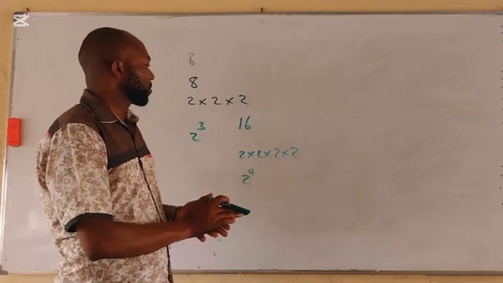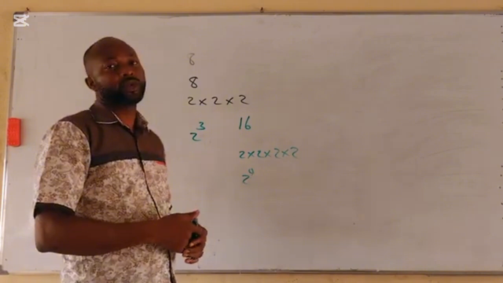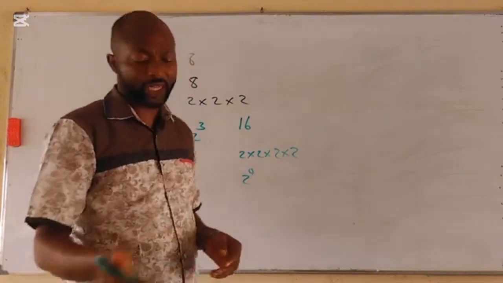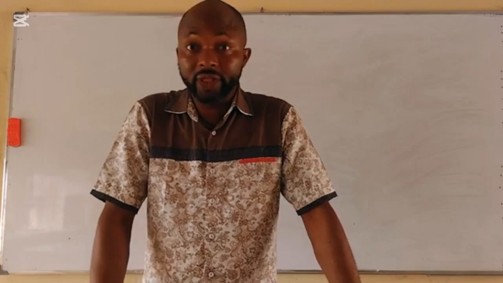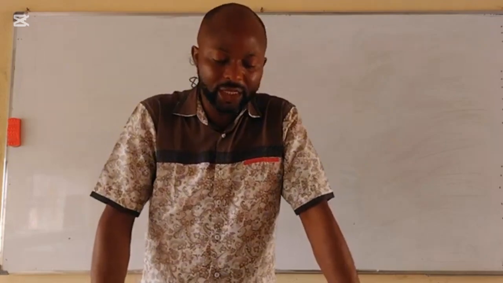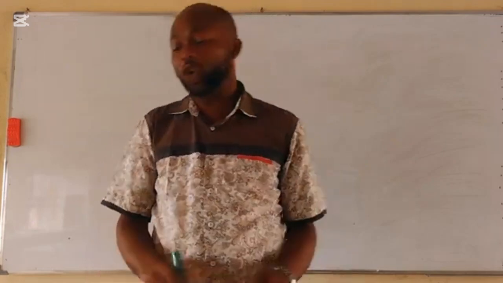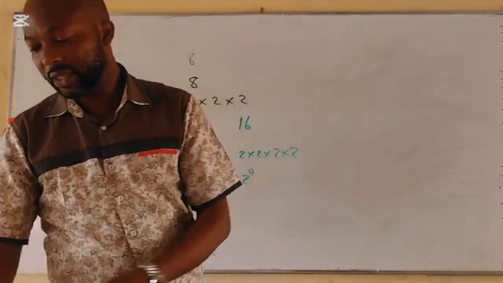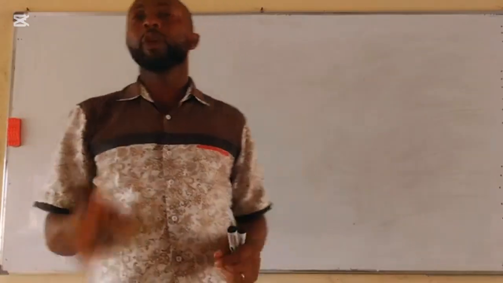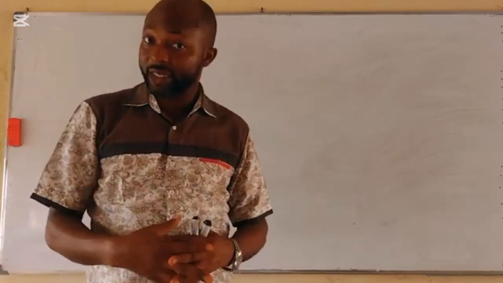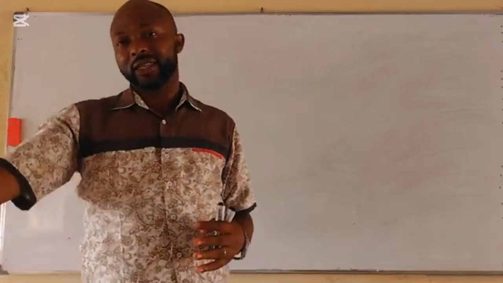And this trend continues, so on and so forth. But then, most importantly, we have certain laws which we use to govern these indices. The first one is the multiplication law of indices. Multiplication law of indices states that when numbers with equal bases are multiplied, the powers are added.